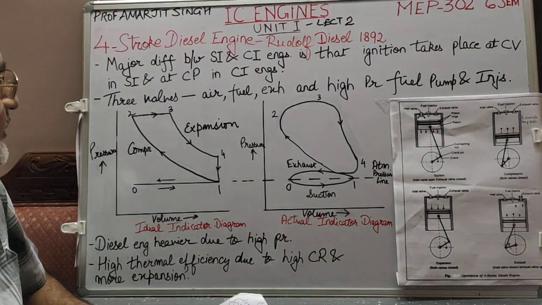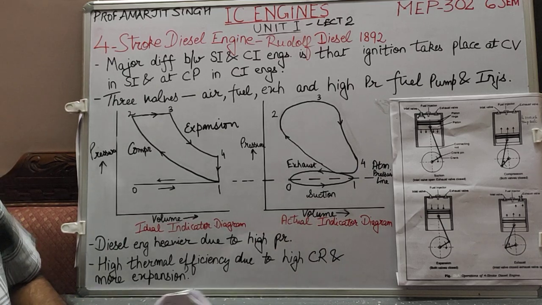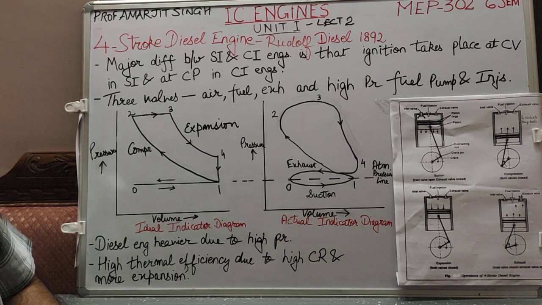In the previous lecture, we had seen the working of a four-stroke petrol engine. Today we will study the four-stroke diesel engine. This engine was invented by Rudolf Diesel in the year 1892.